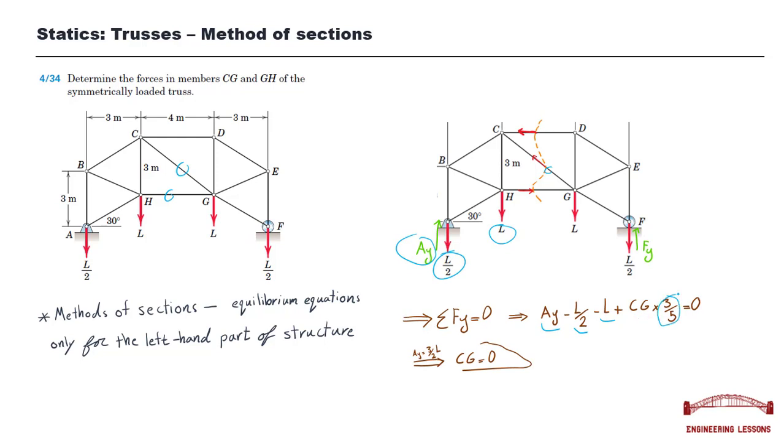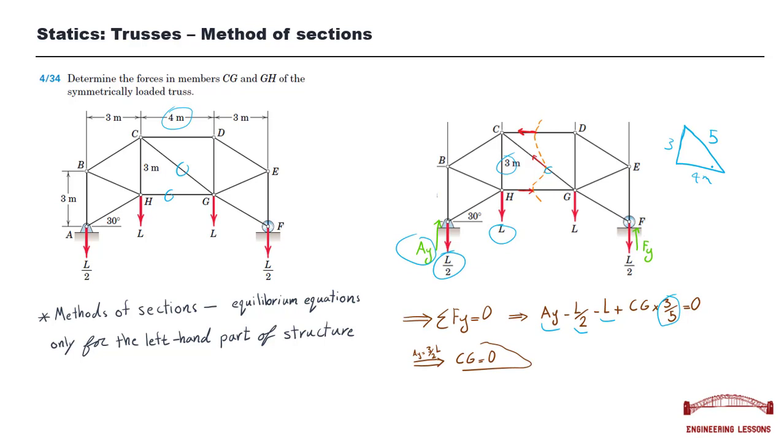What is this times 3 over 5? Let's imagine this triangle. This member is 3 meters and our bay or span is 4 meters. So the base of this triangle is 4 meters and the perpendicular side is 3, so this one is 5. This simply gives the vertical component of CG.